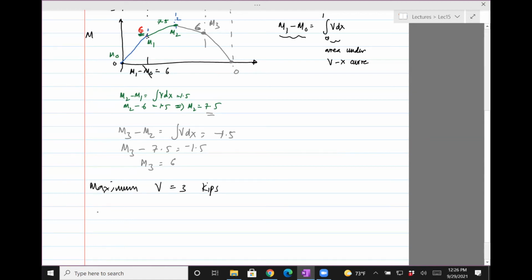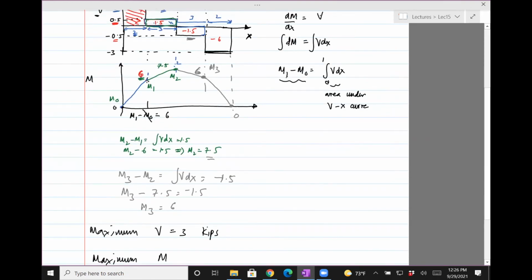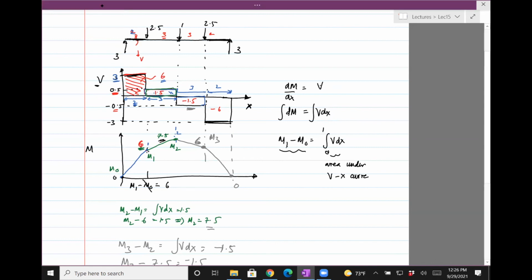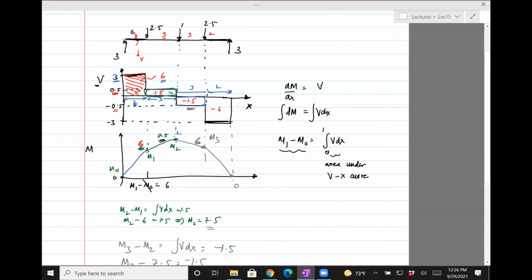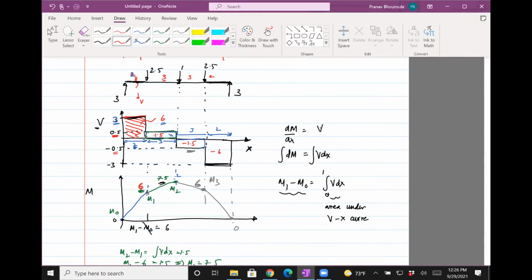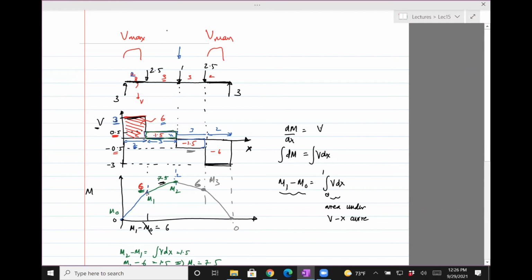Okay, and then the maximum moment, all you need to do is look at the shear force diagram. We see that 7.5, and it occurs right here. V max, and then the moment is just going to occur right here. M max, right there.